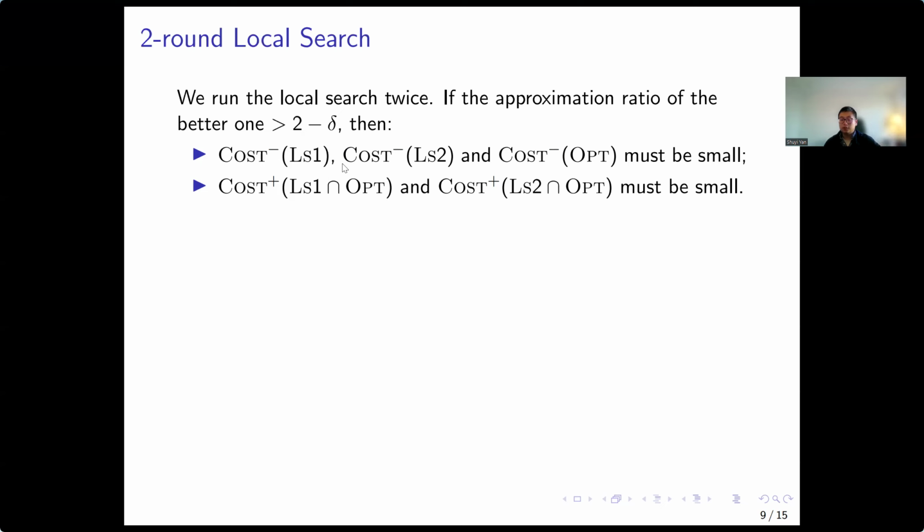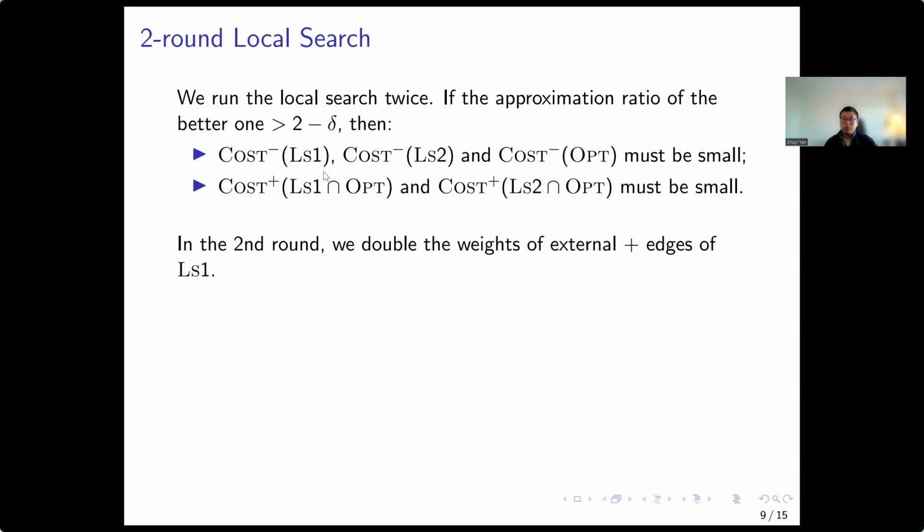And if both of the local search solutions are not so good, intuitively, this shouldn't work because the two local search solutions can be just the same one. LS1 and LS2 can be the same solution. So the missing term, the common plus cost of LS1 and LS2, if we know that it is small, then we know that LS1 and LS2 must be different. But how can we make it small?